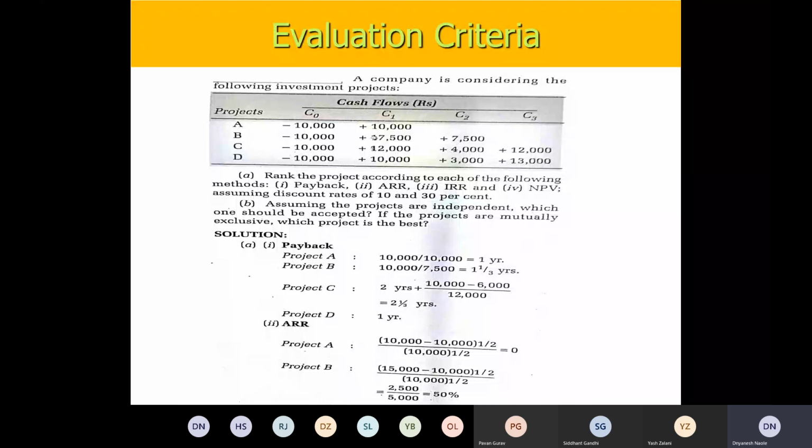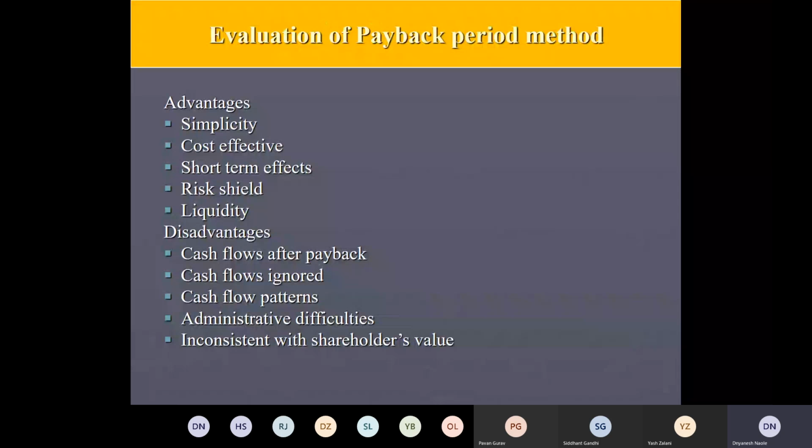Now we begin with the advantages and disadvantages of the payback period method. As we see here, the first one is simplicity. Simplicity means it is very easy to understand and apply.